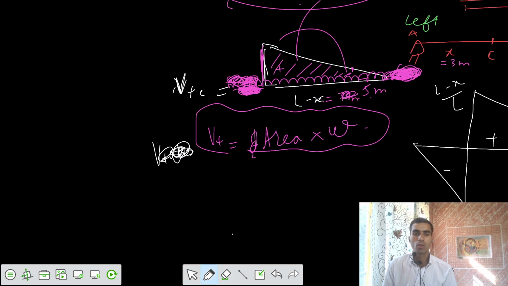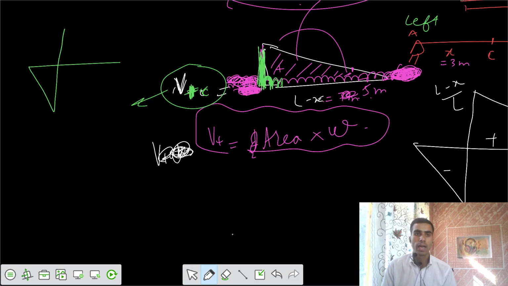This can be an objective type question: for V positive at C to be maximum, the tail of the UDL should reach that section.